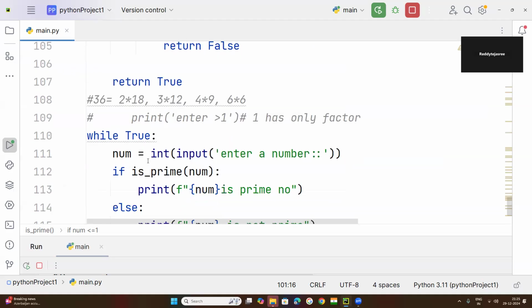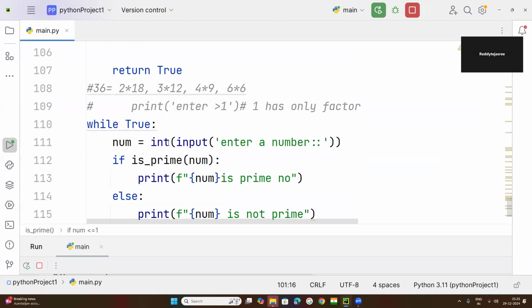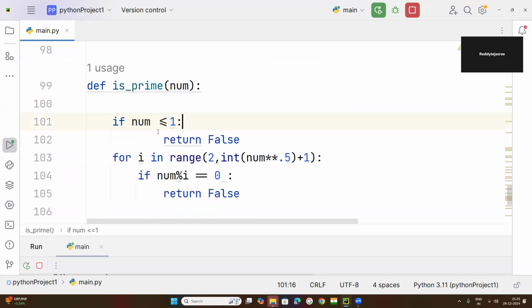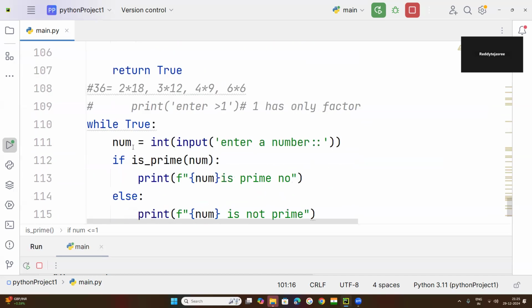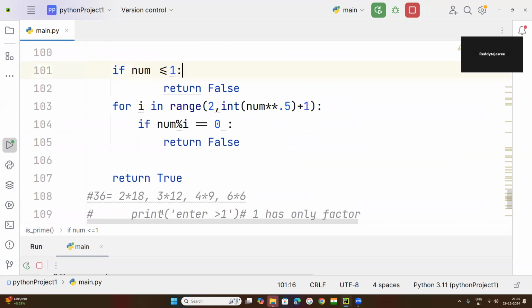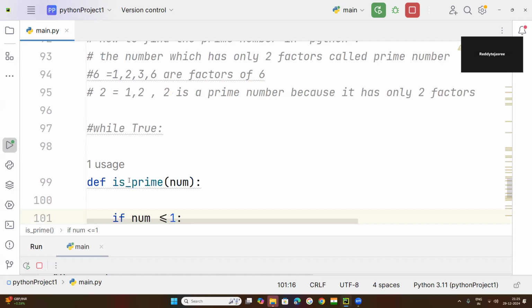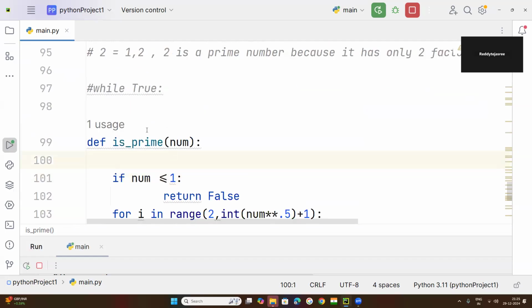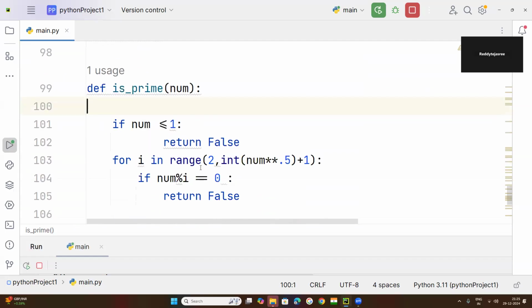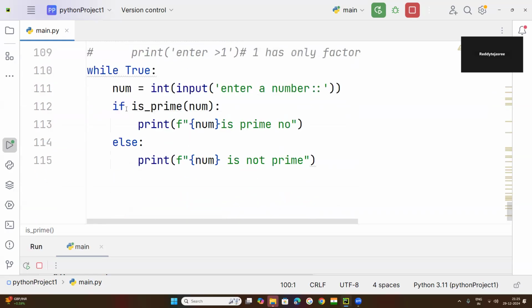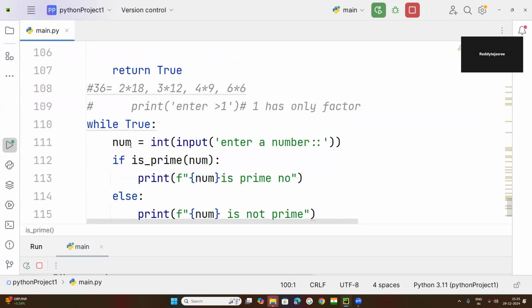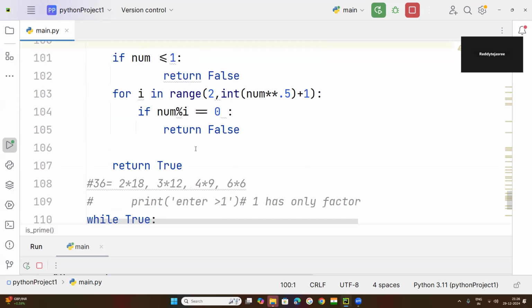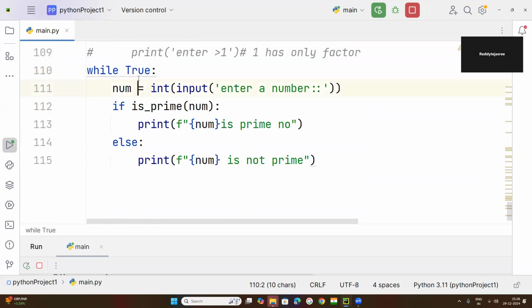Okay. So while true, why have I used it? Because of the while true loop here, every time it asks the user to enter the number. Initially we used the while loop inside of the function and outside of the function also. We tried, but it did not work out. So I used it outside of the function, because this is related to every time it needs to ask the user to enter the number.